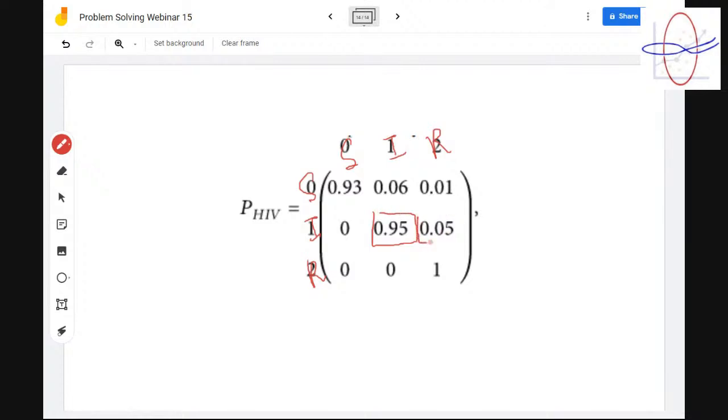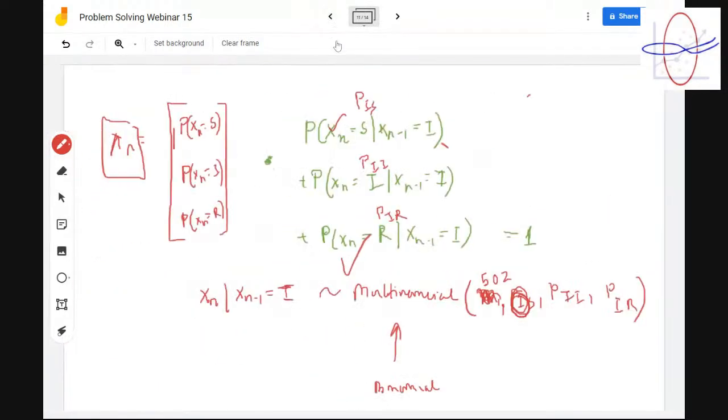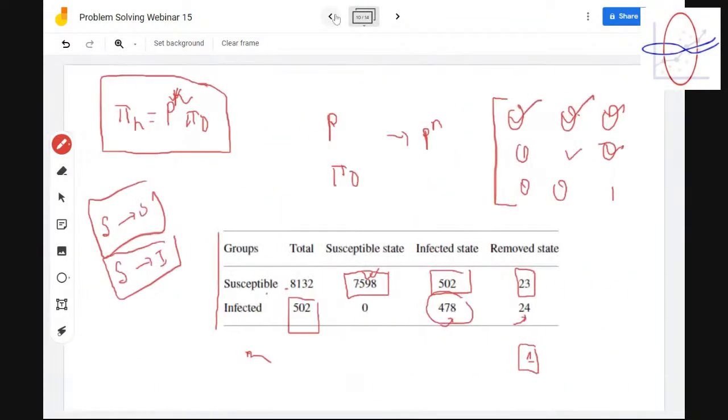Similarly, they have calculated other probabilities also. You can easily calculate it from this data only. All of them are binomial, so you do this by this, this by this, to calculate all the probabilities. Did you understand this crucial step to understand P? This is the most important part of the calculation using statistical data.